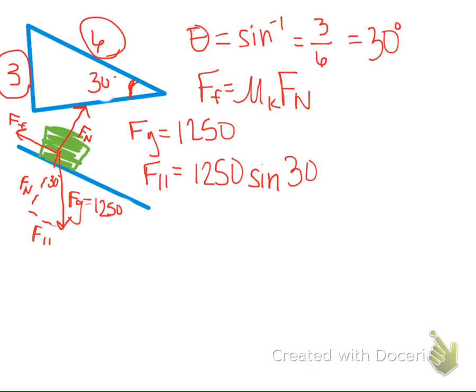Make sure that your calculator is in degrees, not radians. What'd you get? 625. All right, and let's find force normal. Take 1250 times cosine 30.